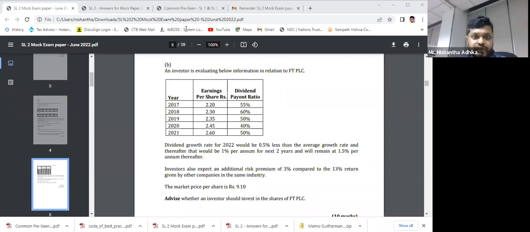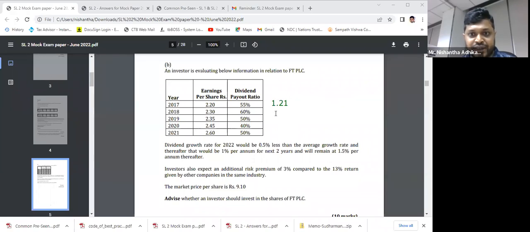Then you have to calculate the dividend per share and the dividend growth rate. First, you have to type here what is the dividend in the first year, 2017. This is year 1. It should be 1 rupee and 21 cents.